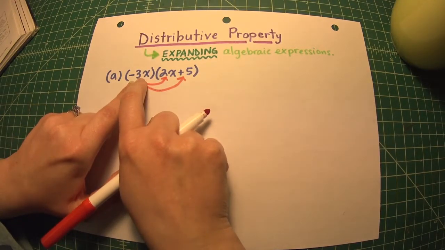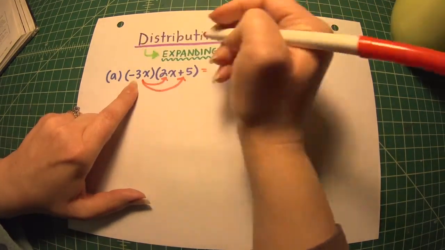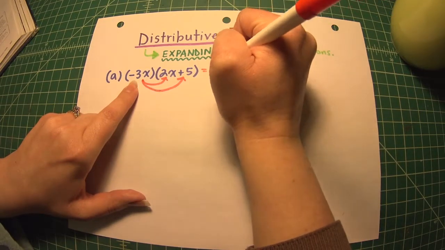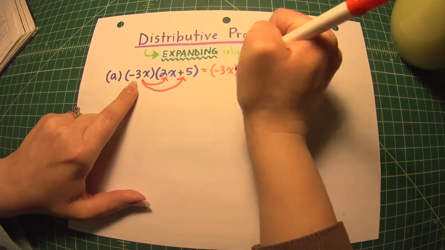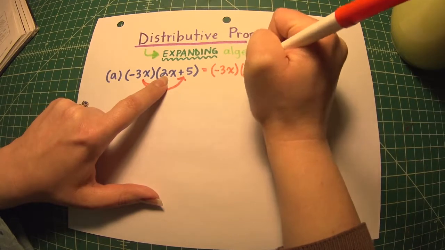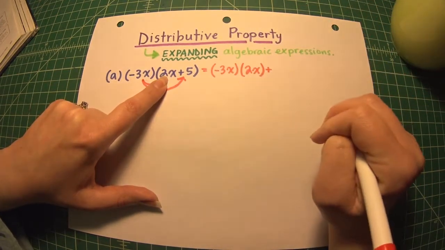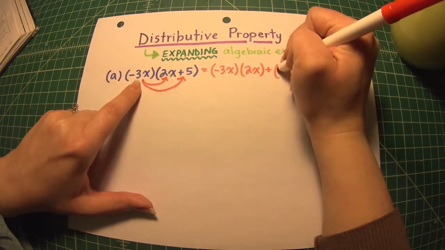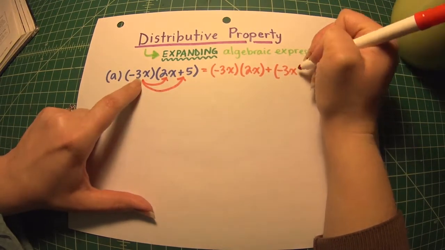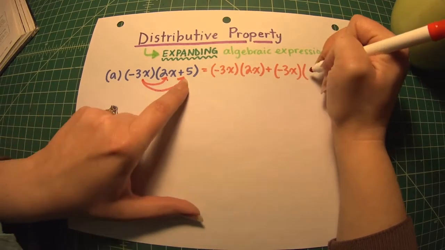So first of all, I'm going to go negative 3x times 2x, and then I'm going to do negative 3x, back to my monomial, times positive 5.